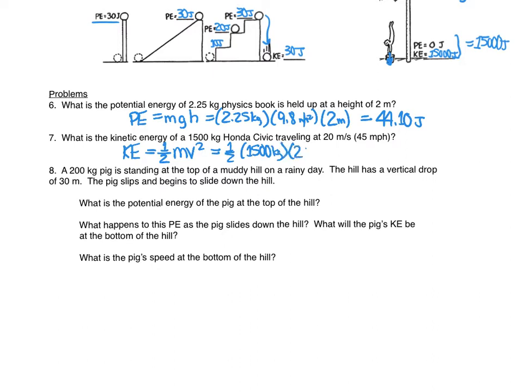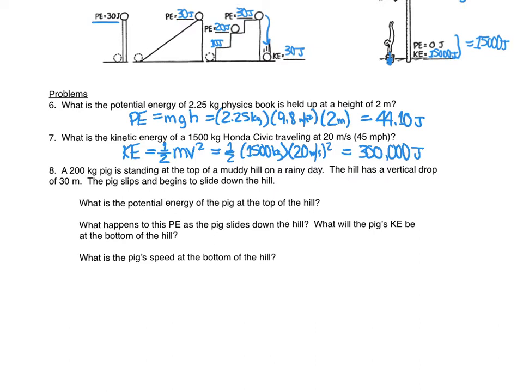I need to square the velocity, 20 meters per second. 20 squared is 400, times 1,500 times 0.5, and that's going to give me 300,000 joules of kinetic energy going down the road.